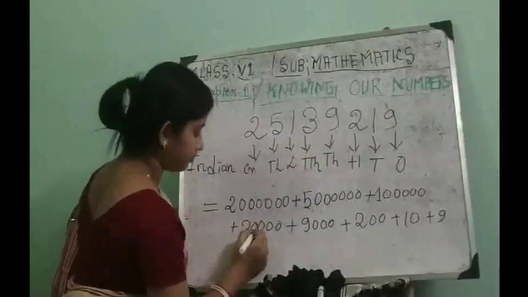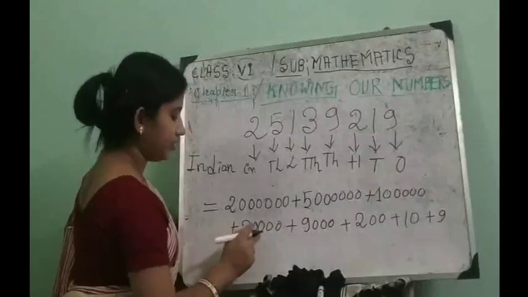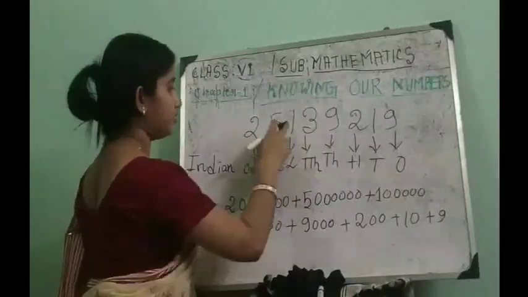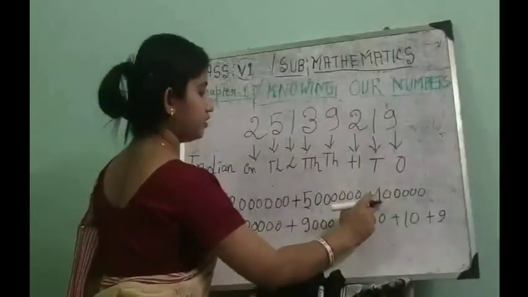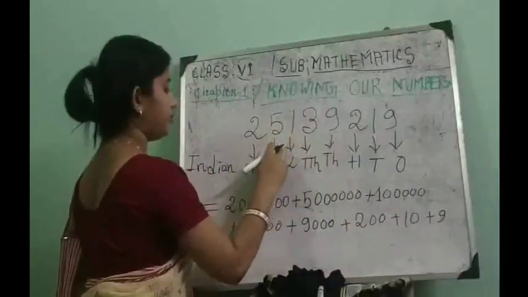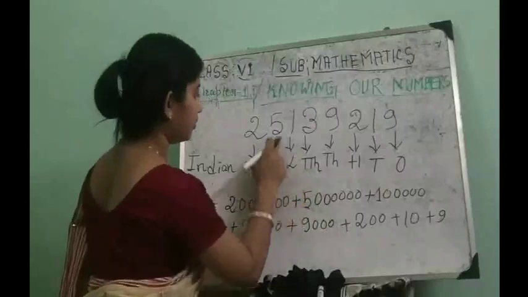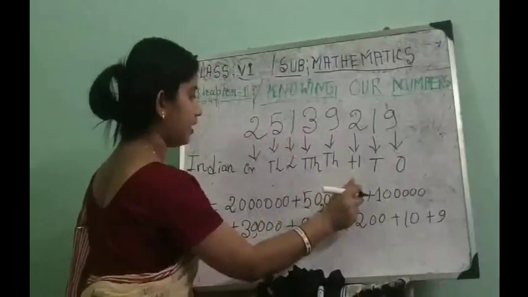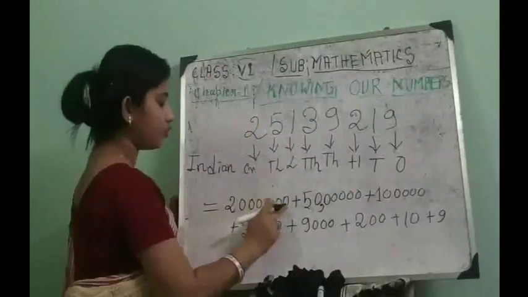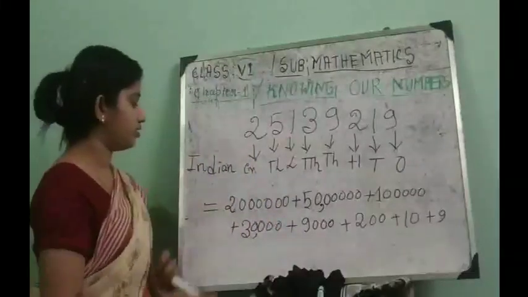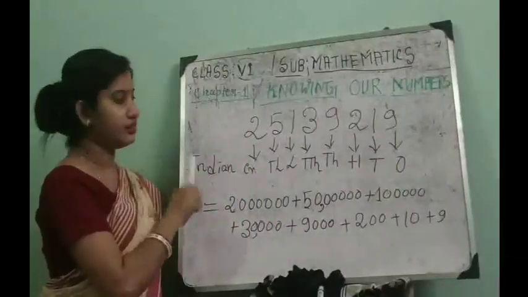That means 30,000. This is lakh. So this is 1 lakh. 5 is 10 lakh. Place value is 5 10 lakh. So we write 50 lakh, and this is 2 crore. This is in Indian system.